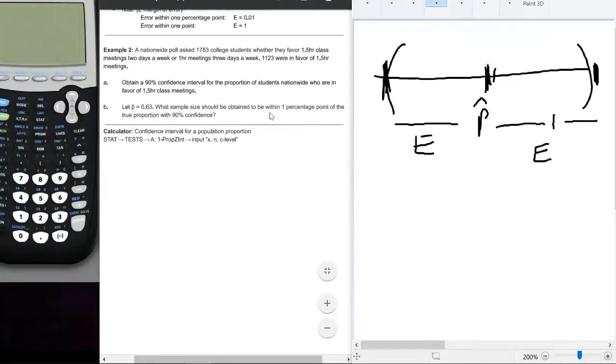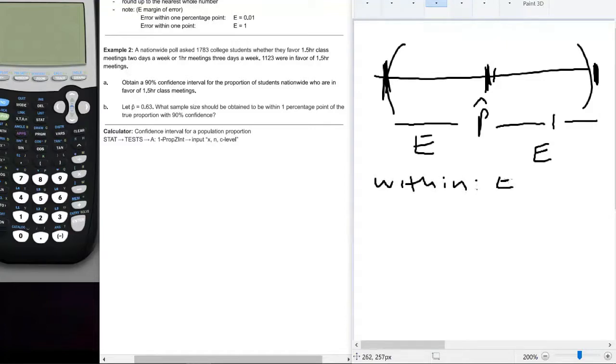If you see within, that's going to be your error. But what's the margin of error exactly going to be? If you see 1 percentage point, you need to set E equal to 0.01. If, for example, this was 2 percentage points, E will be 0.02. So percentages we do need to convert. But sometimes a problem will just say, let p hat equal 0.63.